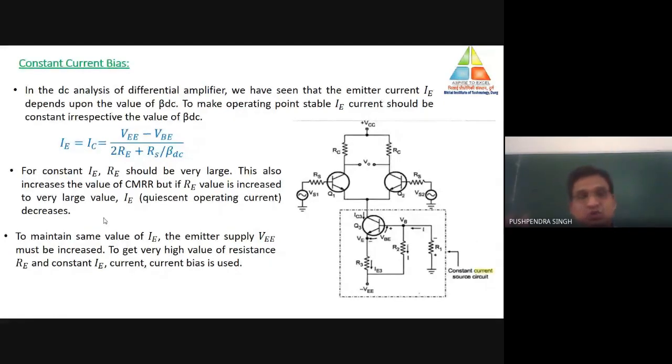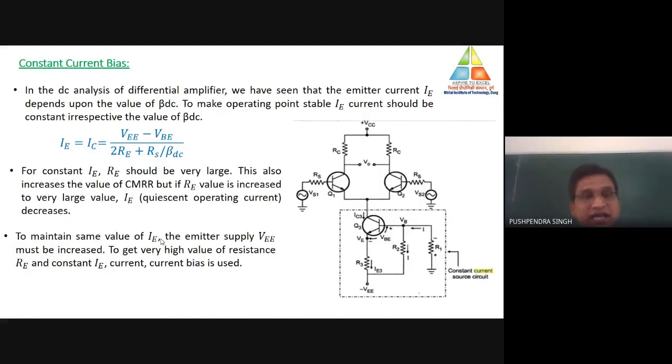So due to these two different conditions, we need to maintain the same value of I. And how can we make the same value of I? In that condition, we need to increase the negative terminal voltage to get a very high value of resistance RE and to keep the value of I constant. So this is the solution we have.